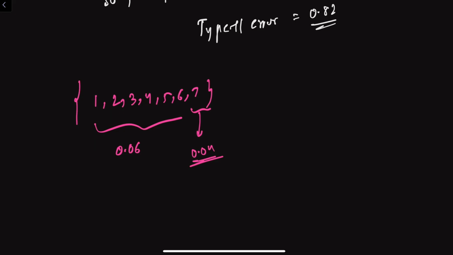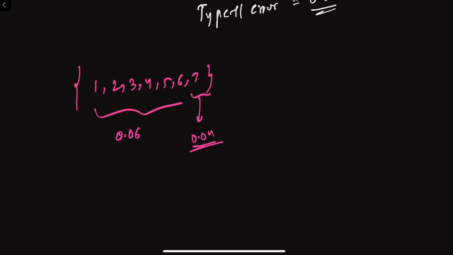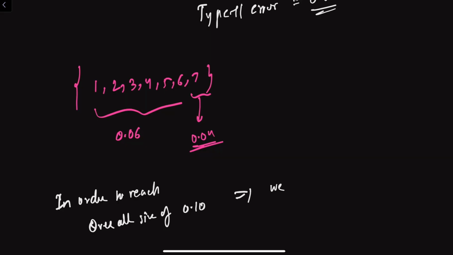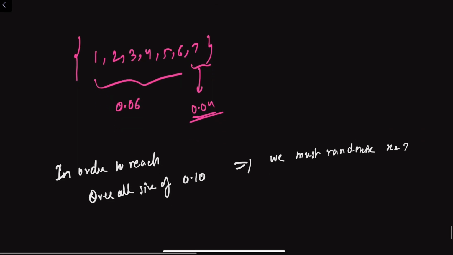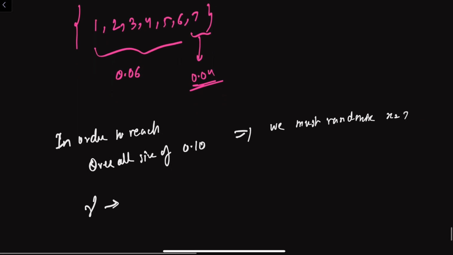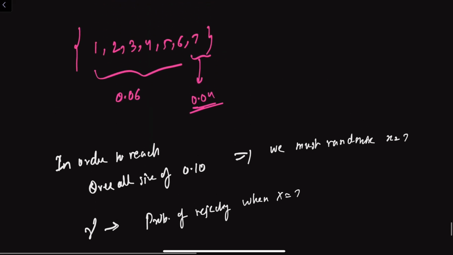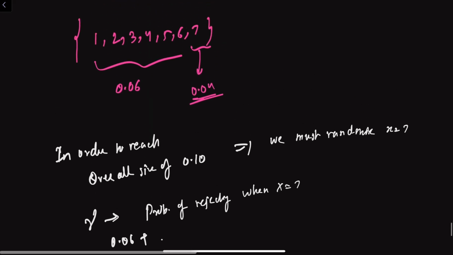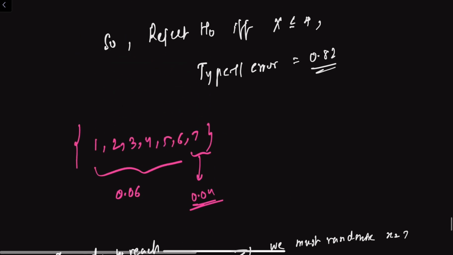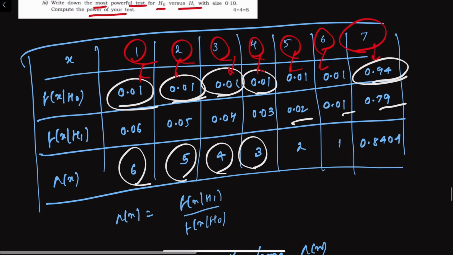So in order to reach the overall size of 0.10, we must randomize at x equals 7. So let gamma be the probability of rejecting when x equals 7. Then we have 0.06 plus 0.94 times gamma, since 0.94 is the probability of 7 under H0.